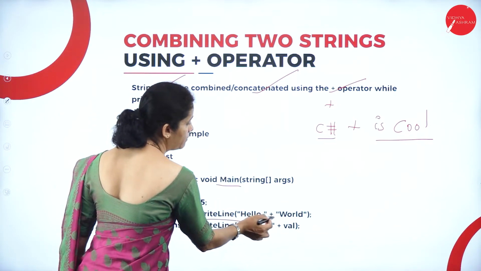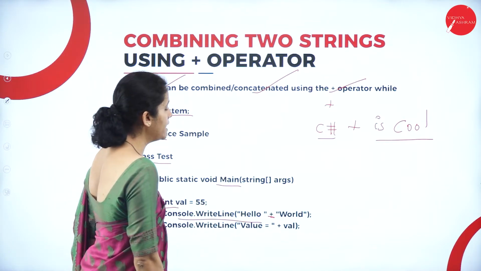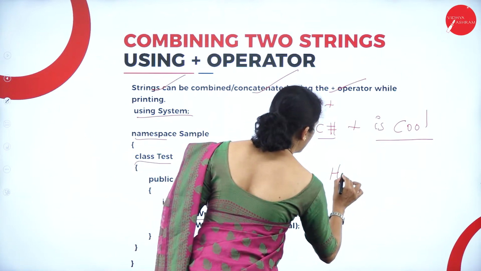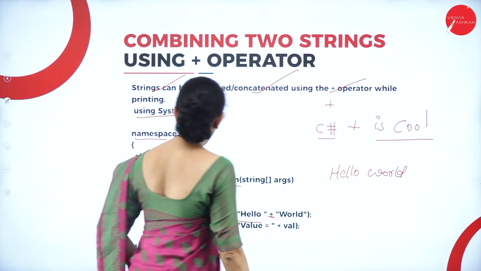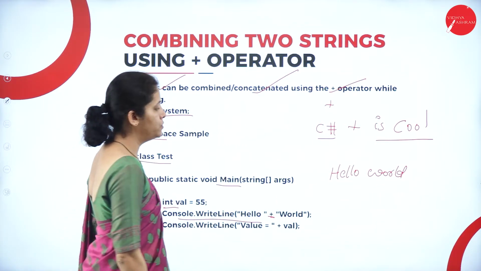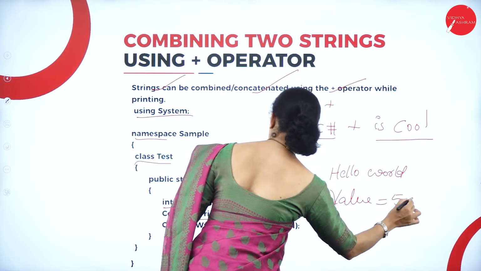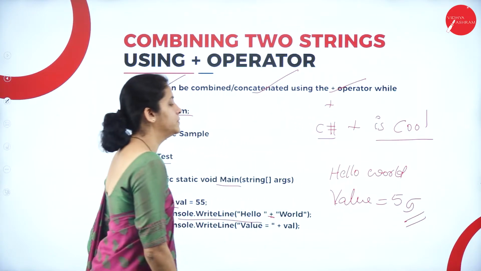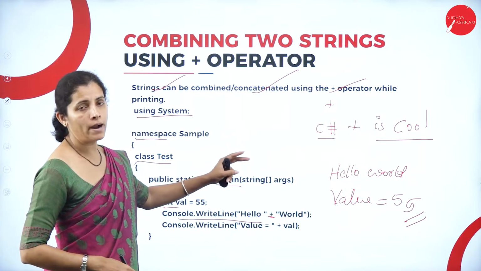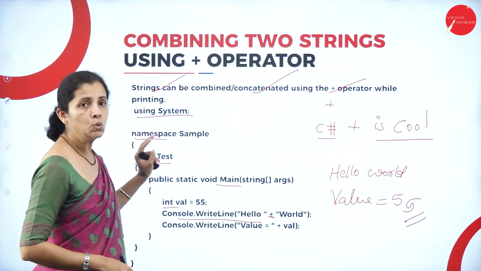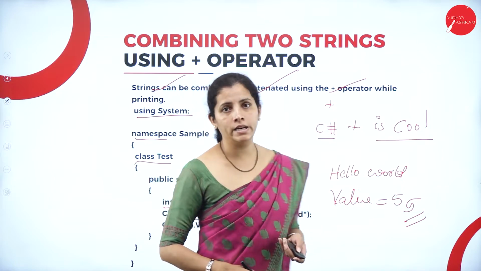For that I'm going to use the plus operator, and when I execute this line, I'm going to get the output "hello world". Okay. Now I'm going to print the value. So what is the value? Value equal to 55. Okay. So this is the way I can club two strings, or I can combine two strings. So to combine both the strings, I'm going to use the plus operator.